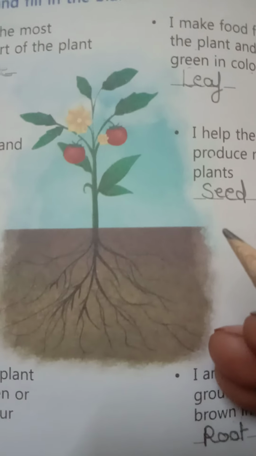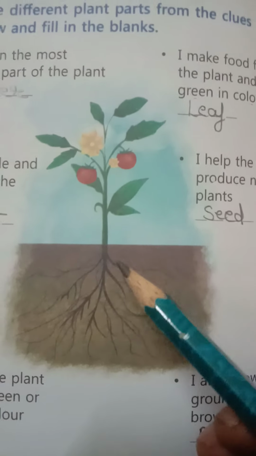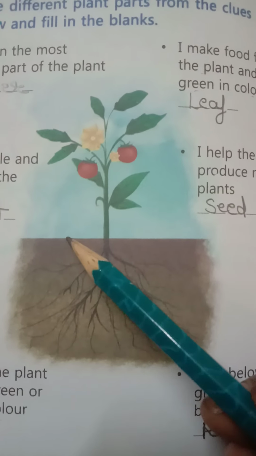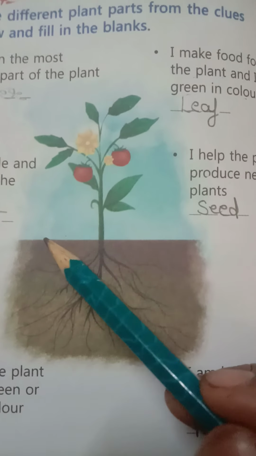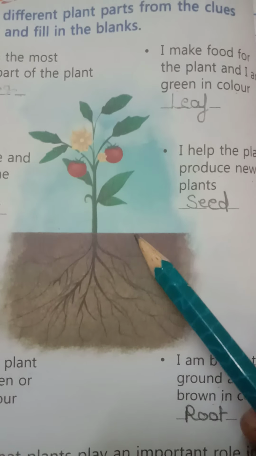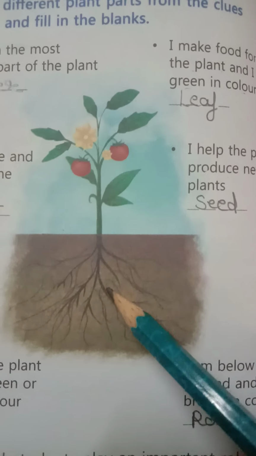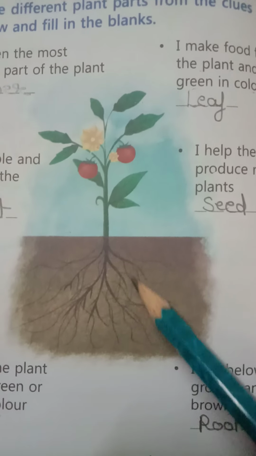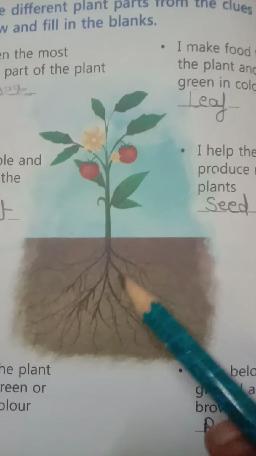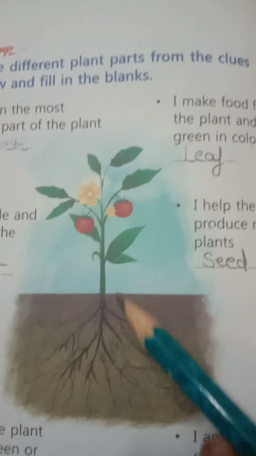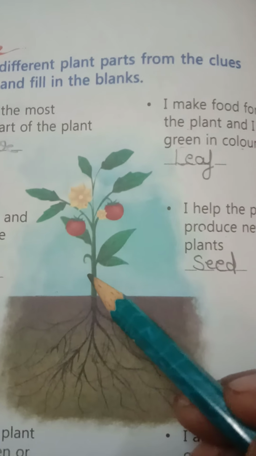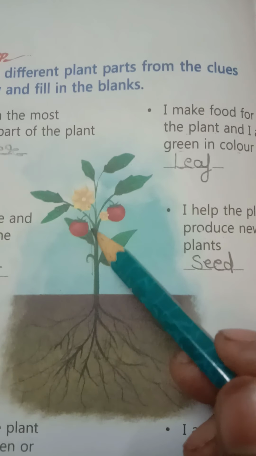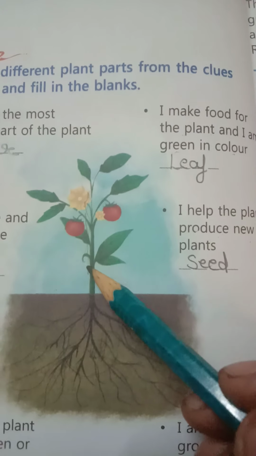Student, I will make you understand root and shoot through this diagram. You can see this is the ground. The part which is under the ground is root, and the part which is above the ground is shoot.